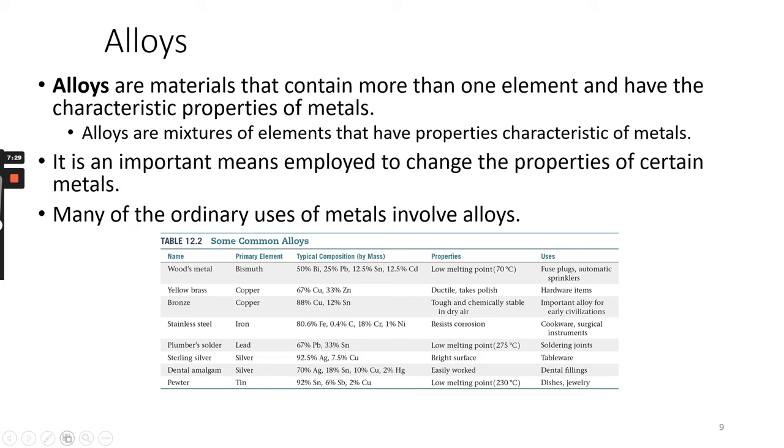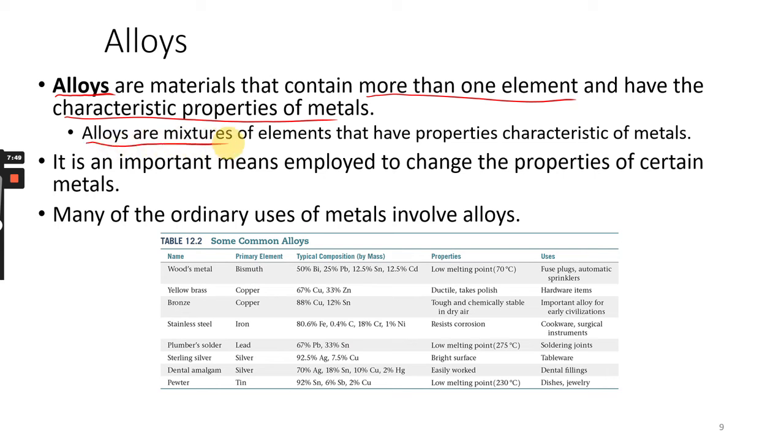What happens when you contain more than one type of metal? Okay, so alloys are materials that contain more than one element and have the characteristic properties of a metal. They don't necessarily both have to be metals, but when you mix them together, they behave like a metal.